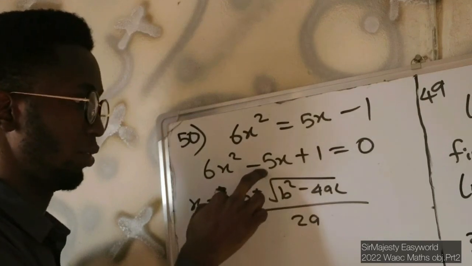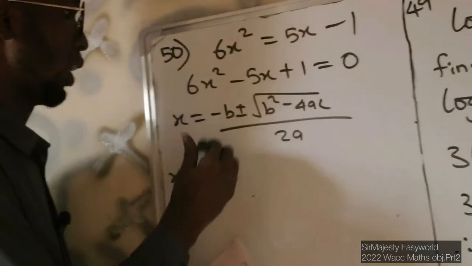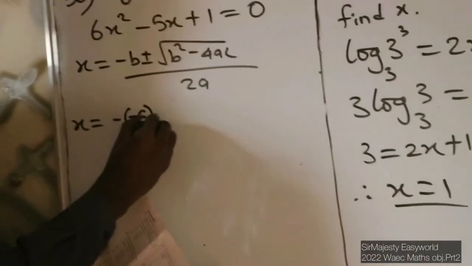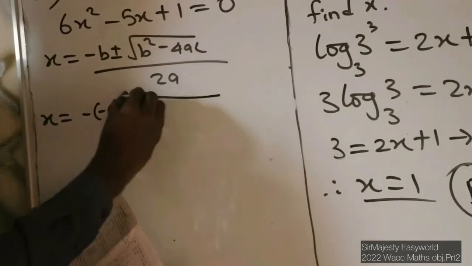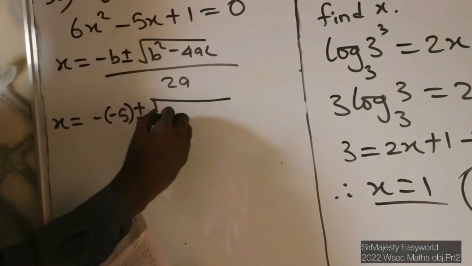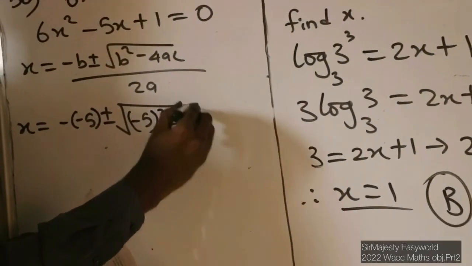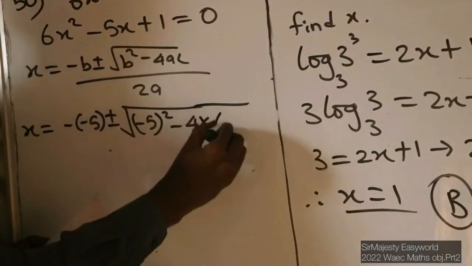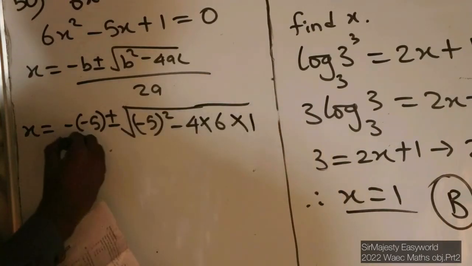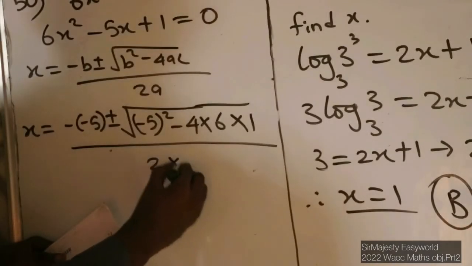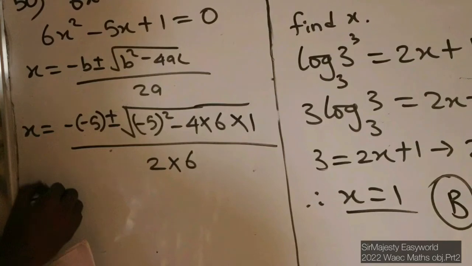And then I begin my substitutions. Our b is minus 5. So minus minus 5 plus or minus square root of b squared, that's minus 5 squared, minus 4 times, our a is 6, our c is 1, all over 2 times 6. And then we begin to simplify.